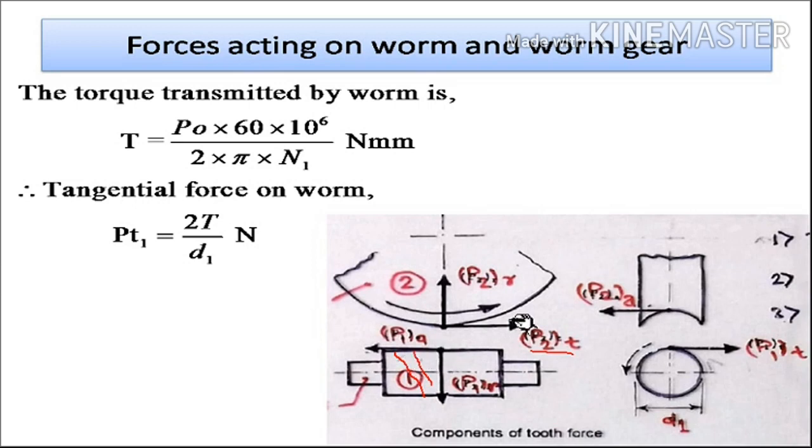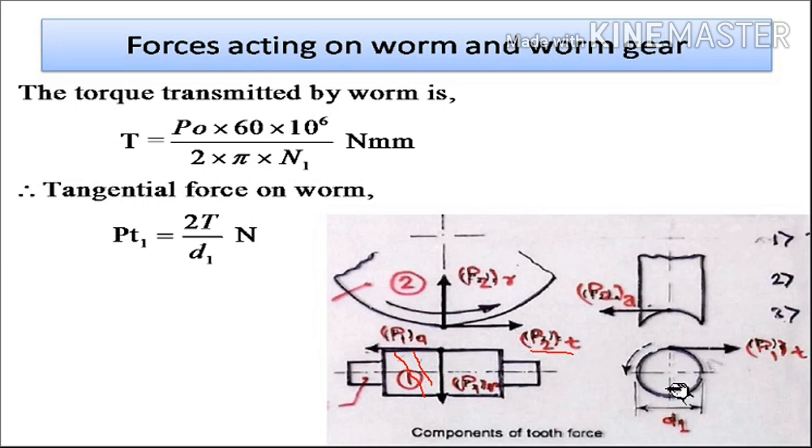We will see here that the direction of the axial force on the worm and the direction of the tangential force on the worm wheel are opposite to each other, opposite in direction but equal in magnitude. You will find that P1A will be equal to P2T, and the radial force will try to separate the worm and the worm wheel away from each other. So the worm will have this radial force in the downward direction and the worm wheel will have this radial force in the upward direction.